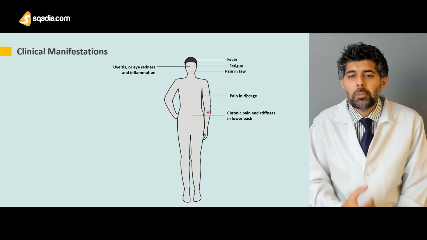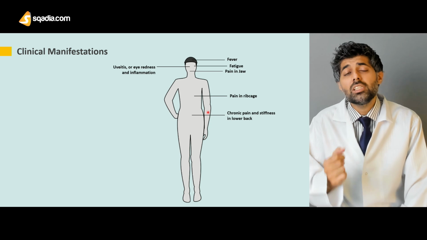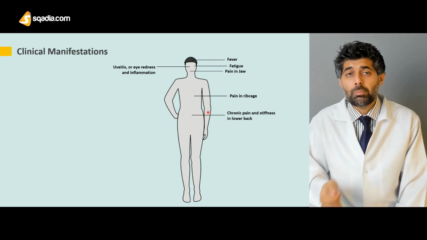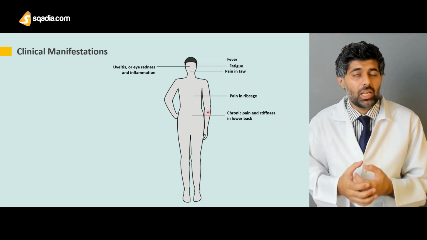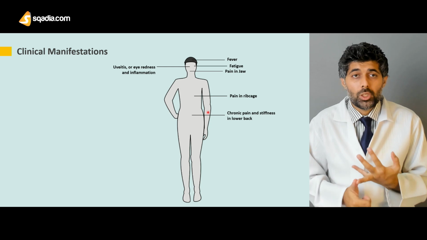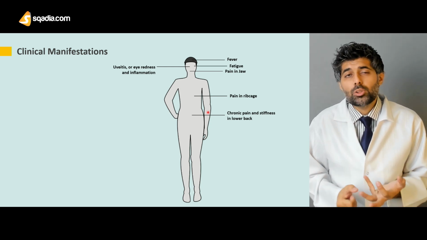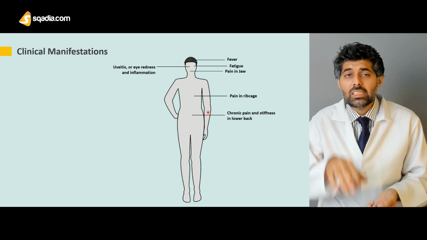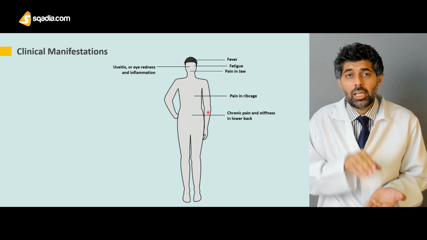Next, we have chronic pain and stiffness in the lower back. This is the complaint which the patient usually comes for. They come with pain that is chronic, happening for more than 3 months or 3 years, and they also complain of stiffness in the lumbosacral area.